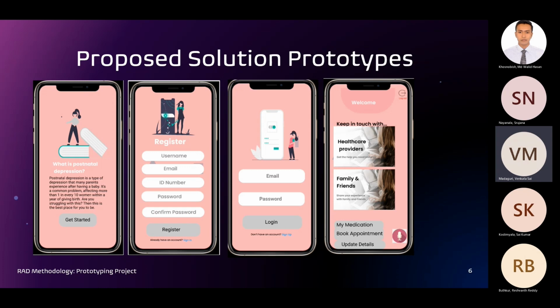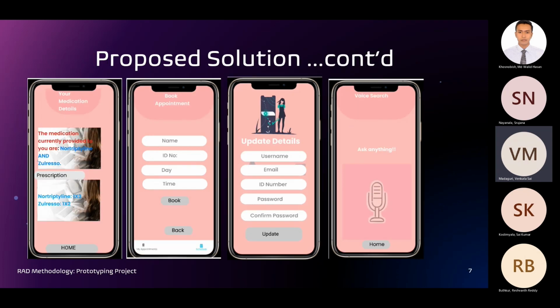The user can interact with the doctor and book an appointment with the doctor, maintain everything in a neat manner, update his details, and also ask anything regarding what he is going to explore. It is very user friendly.